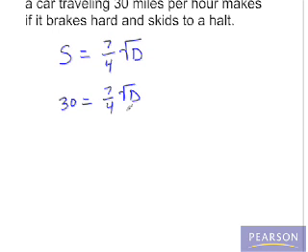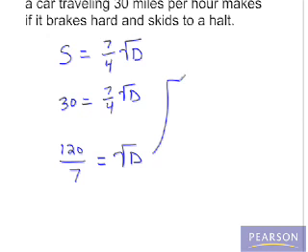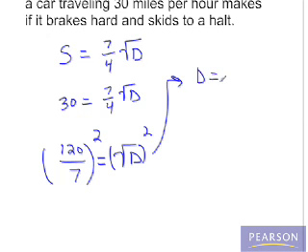So multiplying both sides of the equation by 4/7, or dividing 30 by 7/4, we get 120 over 7. That is equal to the square root of d. We'll go ahead and square both sides of this equation, raise both sides to the second power, and that would give us d is equal to 14,400 over 7 squared, which is 49.